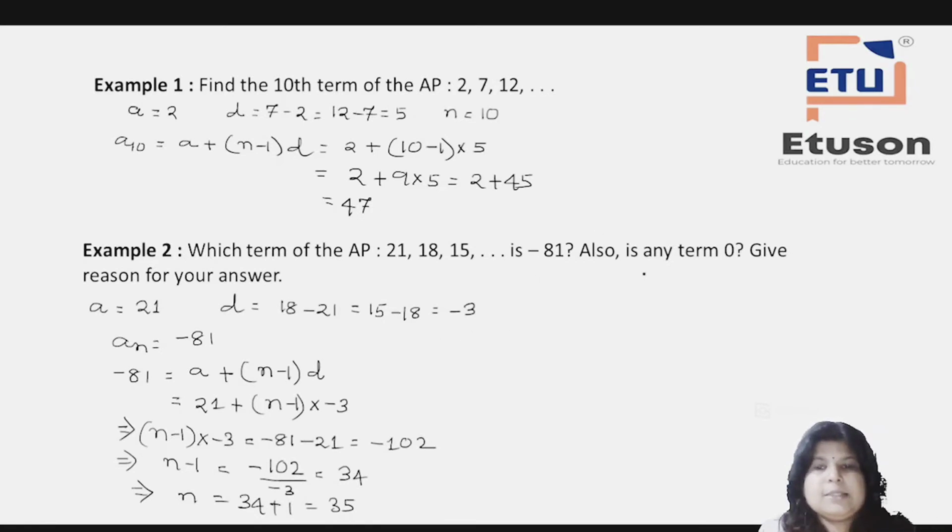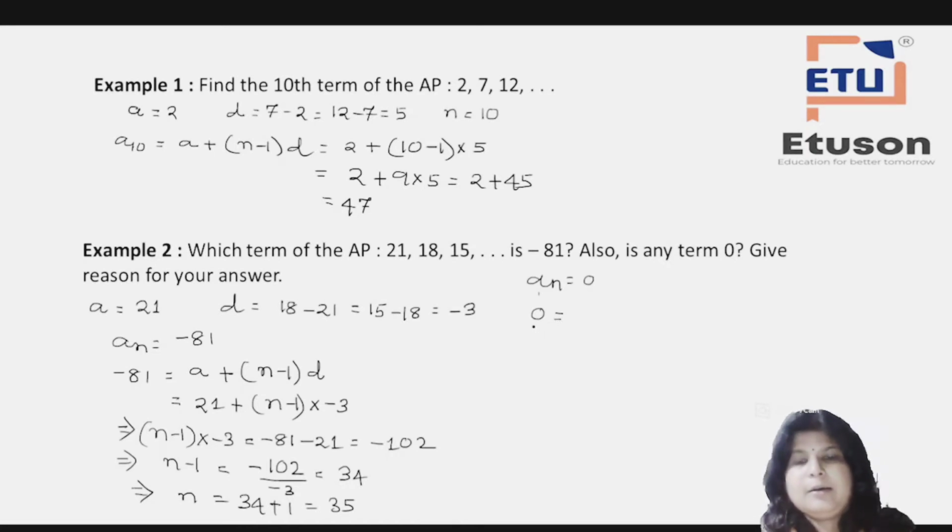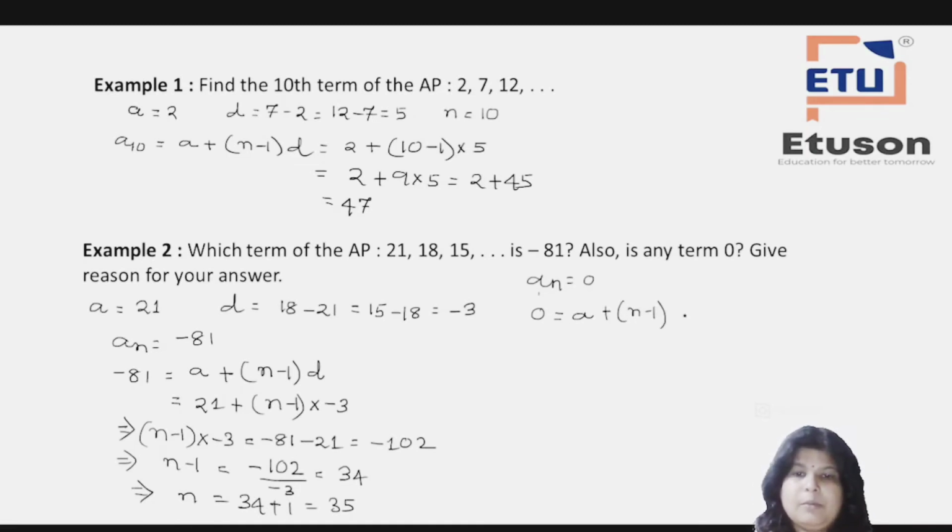Now also, is any term equal to 0? Now let us check. That means suppose here an is equal to 0. So let us put it in and see if it is satisfying the equation, then there can be a term equal to 0. So assume that there is a term equal to 0. So 0 is equal to a plus n minus 1 into d, which is nothing but equal to 21 plus n minus 1 into minus 3.